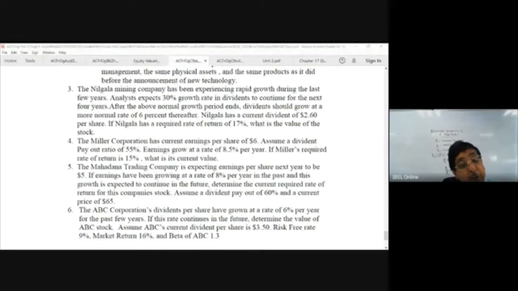So 6 into 0.55, and you will get an amount that is the dividend amount. Current dividend would be that. And if earnings grow at 8.5% per year, dividends also grow at the same rate, 8.5%. If Miller's required rate of return is 15%, what is the current value? So you can just do it without much issue. Yes. Get an answer for that.